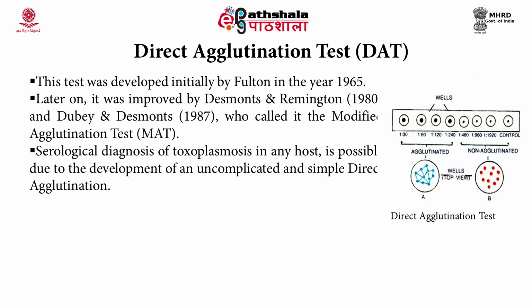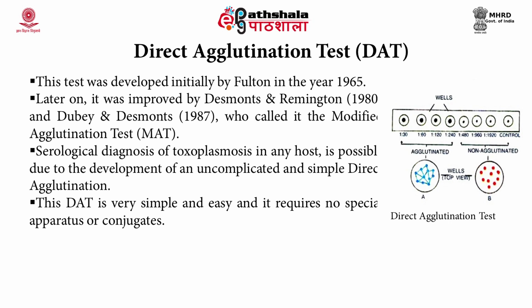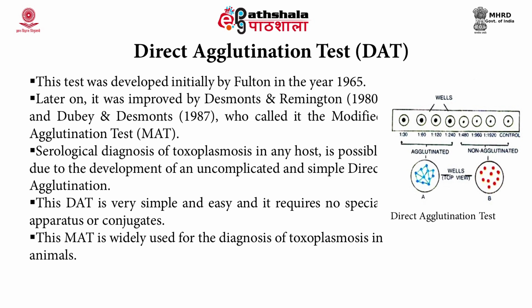Serological diagnosis of toxoplasmosis in any host is possible due to the development of an uncomplicated and simple direct agglutination. This test is very simple and easy, and it requires no special apparatus or conjugates. This MAT is widely used for the diagnosis of toxoplasmosis in animals also.